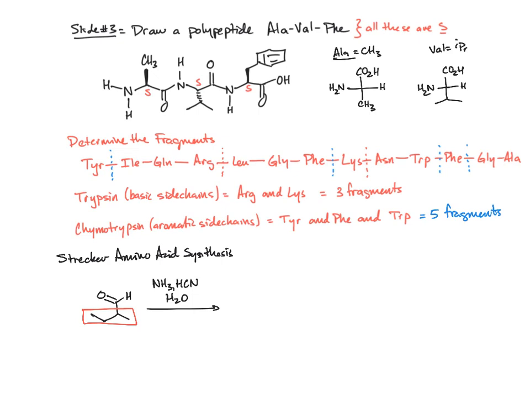The aldehyde, oxidation state 2 carbon, condenses with the ammonia to form an imine. So you have a primary amine plus an aldehyde, that gives you an imine. The imine is then susceptible to nucleophilic attack by the cyanide. And that cyanide, that oxidation state 3, is what gets the acid carbon into the molecule. So the first thing that happens is that condensation.